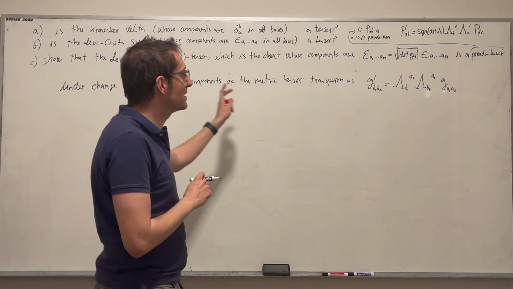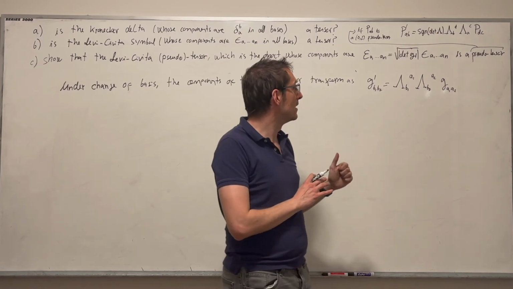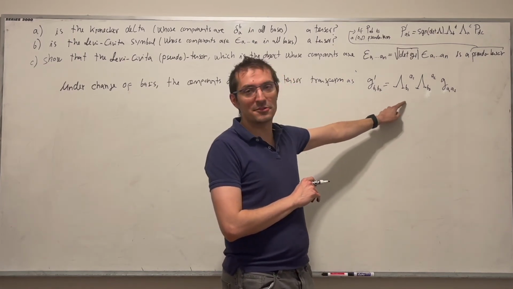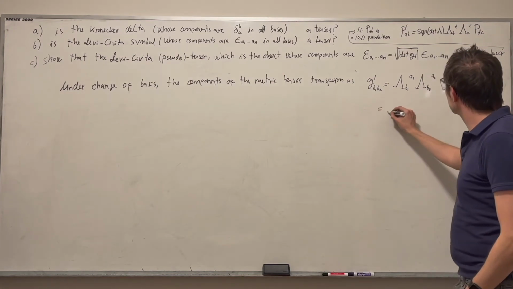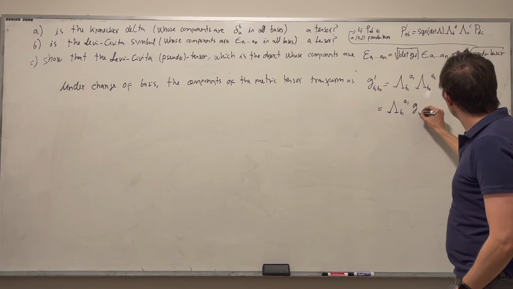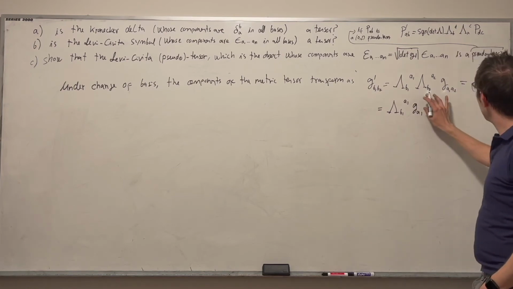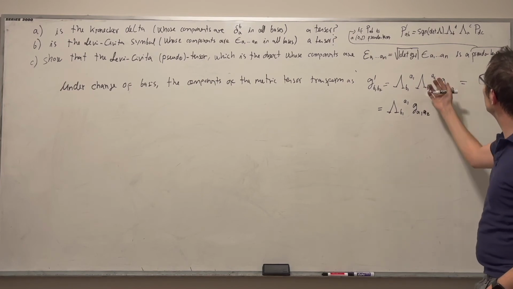The metric, which is a 0-2 tensor, transforms with two lambdas, as it should. Now, this thing is a kind of matrix product. We can write it as a matrix product as follows. So this thing is lambda B1, A1, G, A1, and then I have this one here. To have it as a matrix product, let me do a transpose here.